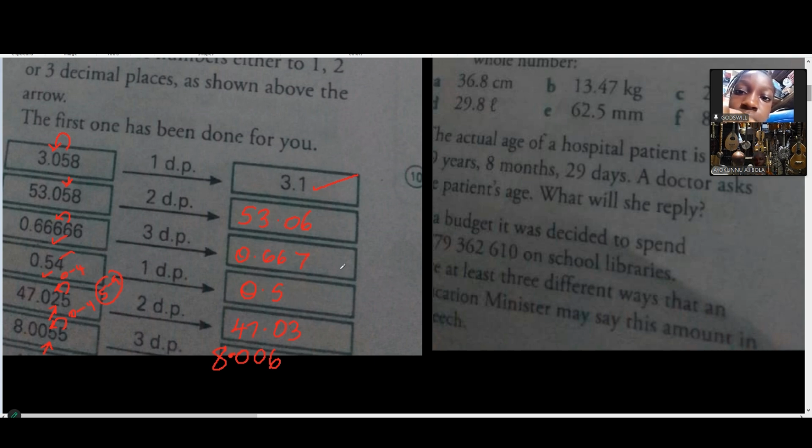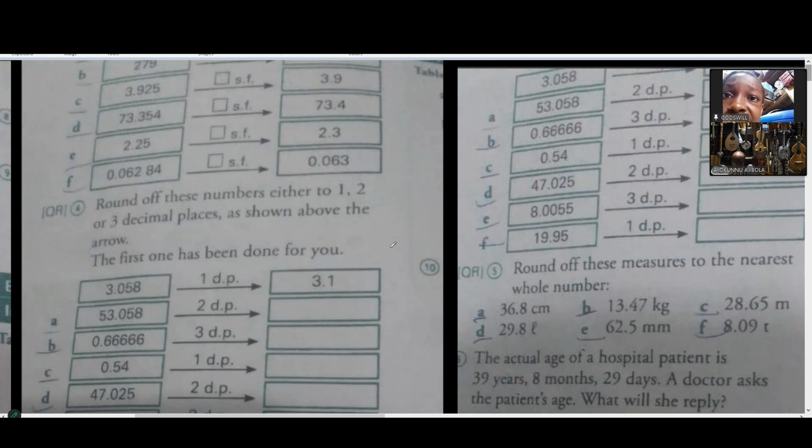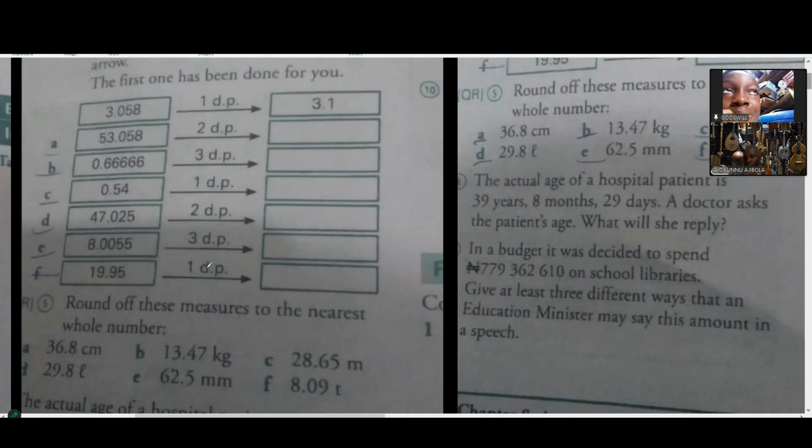Now, let me move to the second page here, okay? This second page, maybe the first heading is not showing or something, but I'm just going to do it. At least with the explanation, you should be okay.